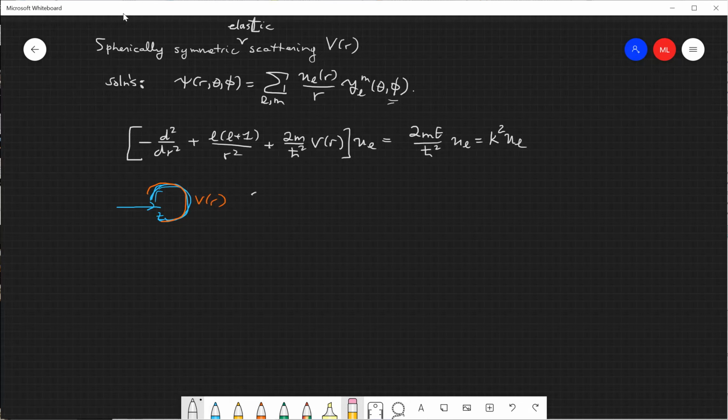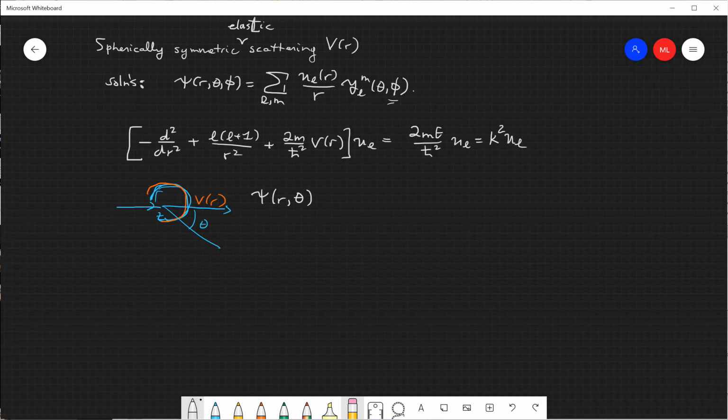So really what we're looking for are solutions that only depend on r and theta, how far away you are, and then theta is just very convenient in this coordinate system. It's just the angle away from the incoming direction, just that spherical angle away from the z direction.